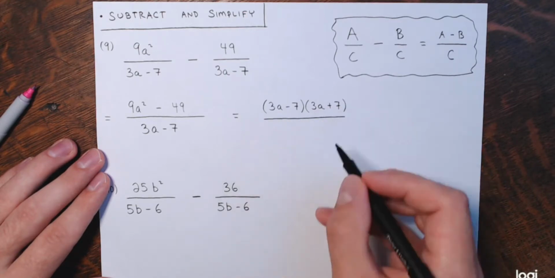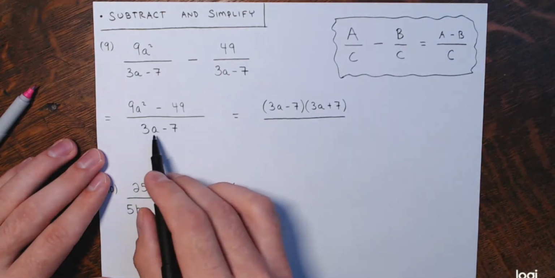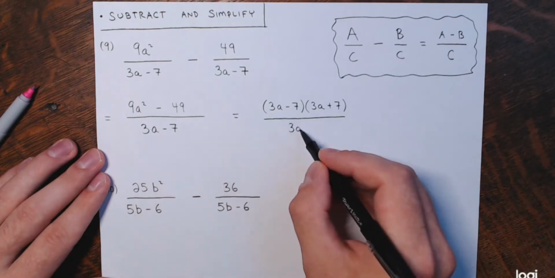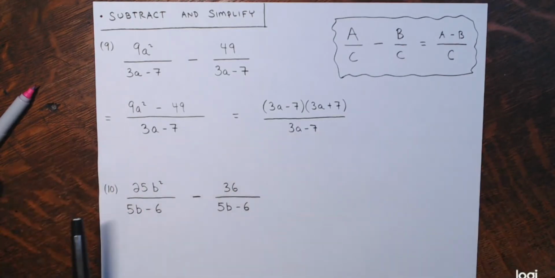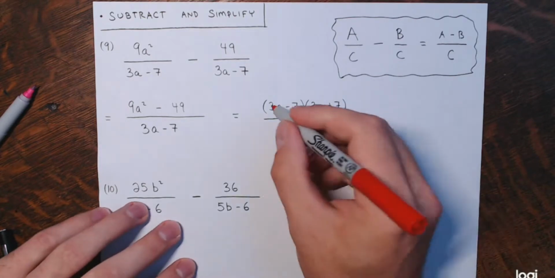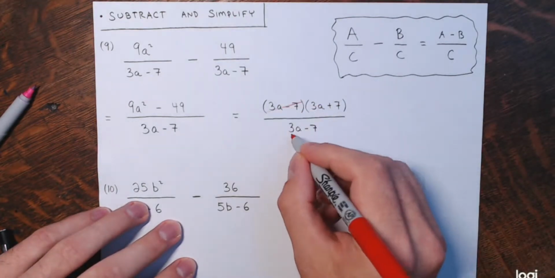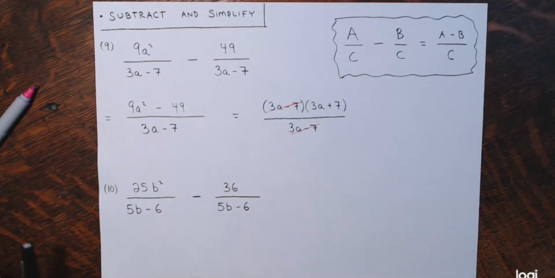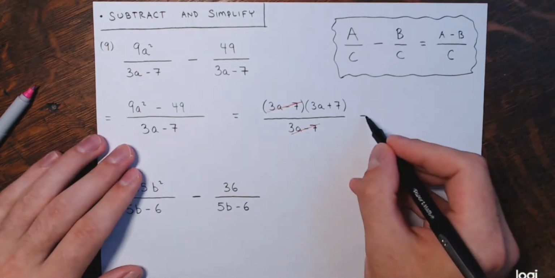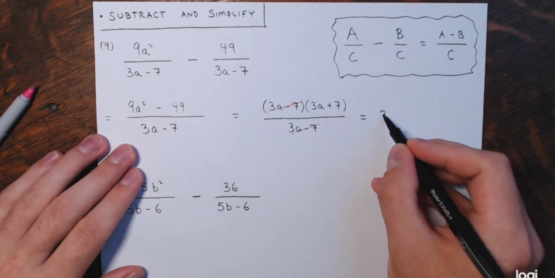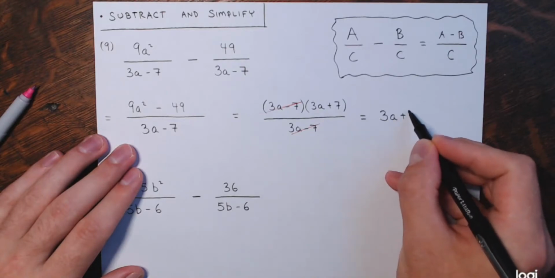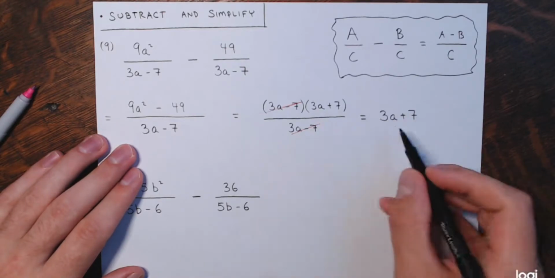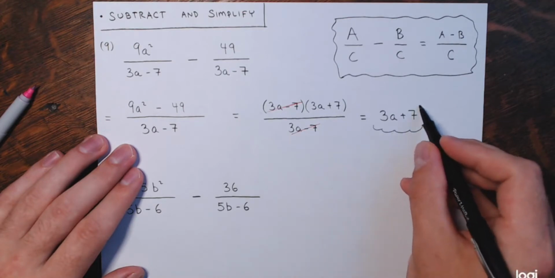Those are the factors of the numerator, and the only factor in the denominator is 3a minus 7, and I'm hoping that you can see the common factor of 3a minus 7 in the numerator and denominator. So I'm going to scratch those out, make those into 1. And all I'm left with is 3a plus 7 in the numerator, divided by 1 in the denominator. So just 3a plus 7.